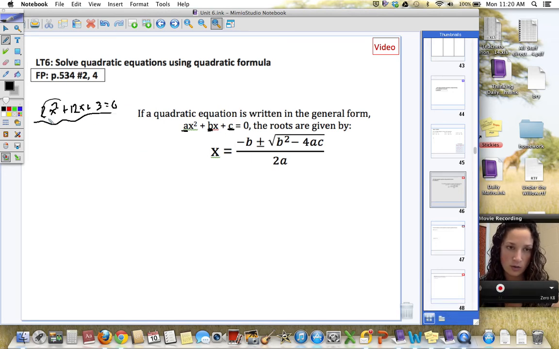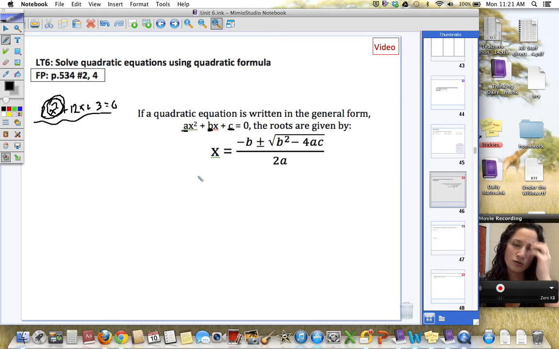And it's quadratic, quad, 2, x squared. The roots are given by this formula: x equals negative b, or the opposite of b, plus or minus the square root of b squared minus 4ac, all of that over 2a. So again, we're going to get two answers because I'm going to add it and I'm going to subtract it.